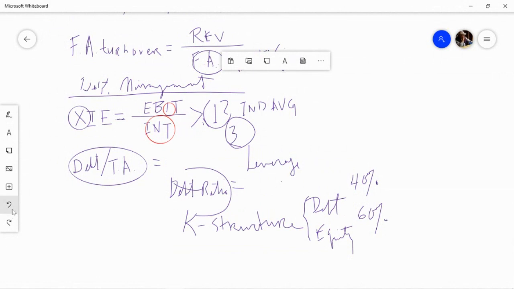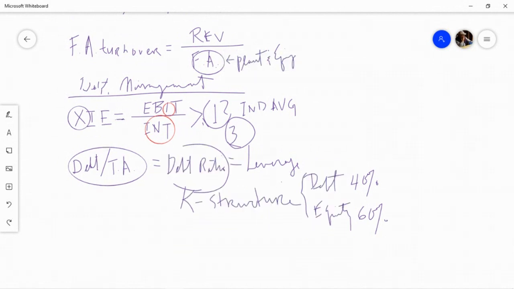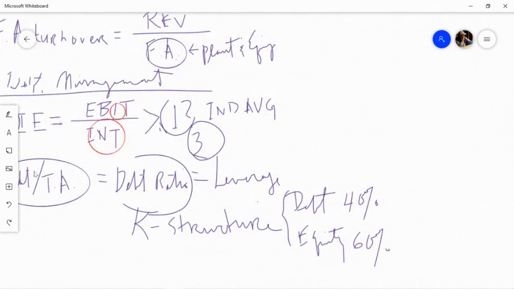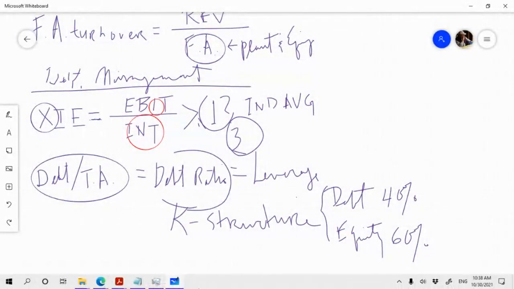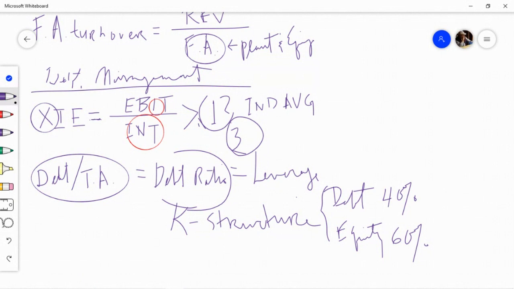At least it's not gone. What if the industry average is 3? If your times interest earned ratio is at least 3, then you're good.